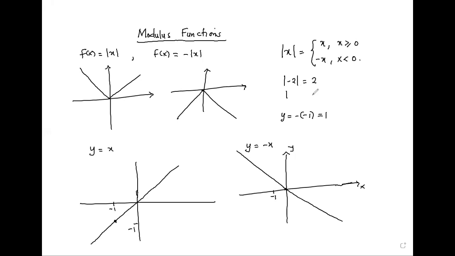If I take +2, I'll get the number +2. This is the reason why these numbers are always like that. When I define the modulus of x to be x when x is greater than or equal to 0, I mean if the number is already positive, use it as it is. But if it is negative, multiply it by another negative to make it positive. I hope that sits well.